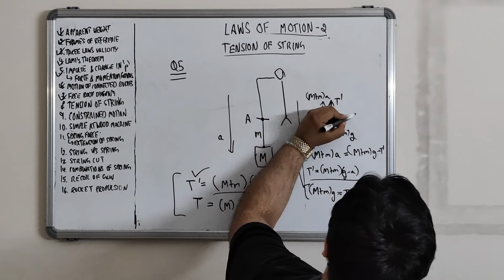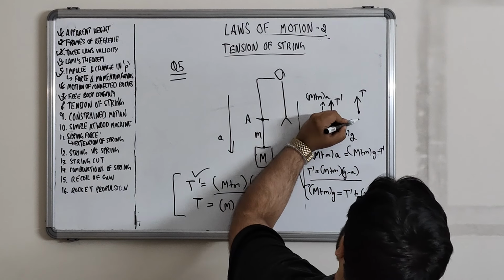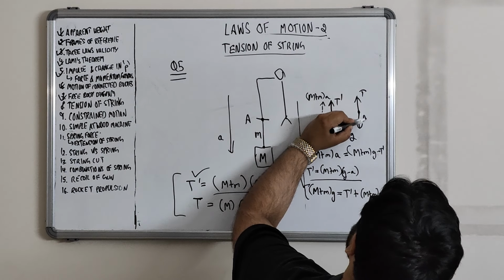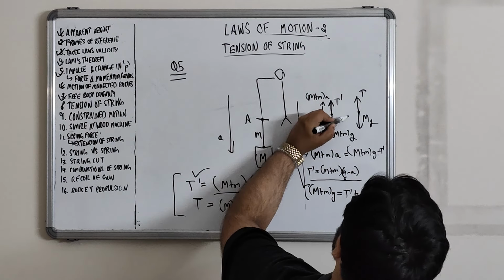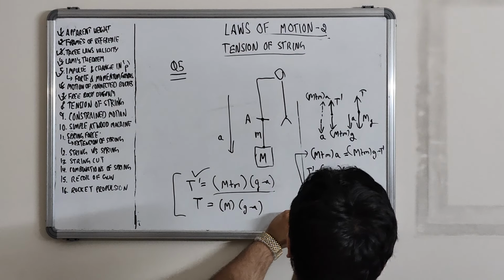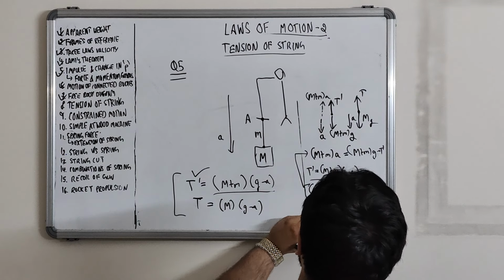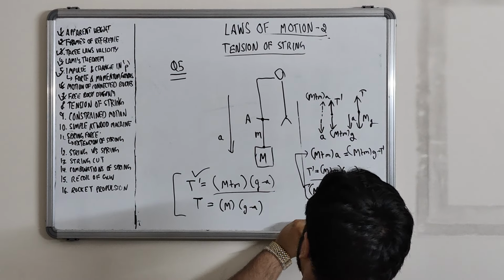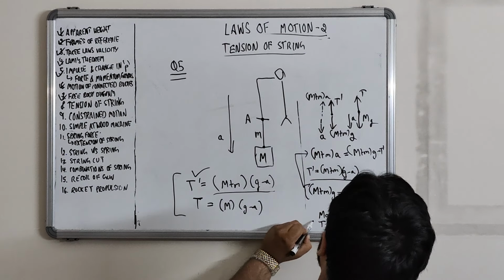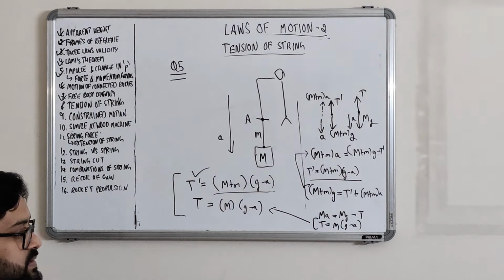Now make another diagram. Let's calculate T. So T is up, the mass is down, mg. Acceleration is down. So we get ma is equal to mg minus T. So T is equal to m into g minus a. So what's the answer?